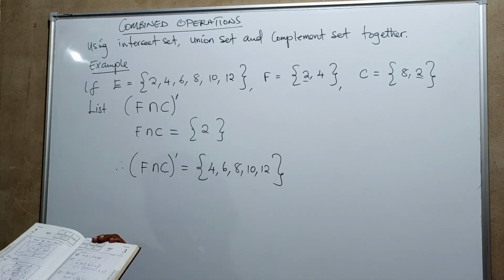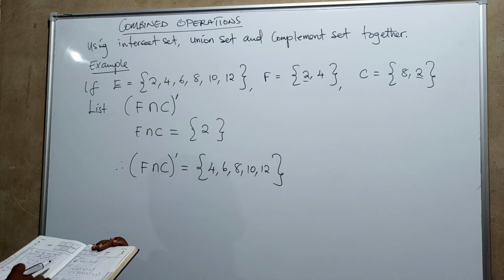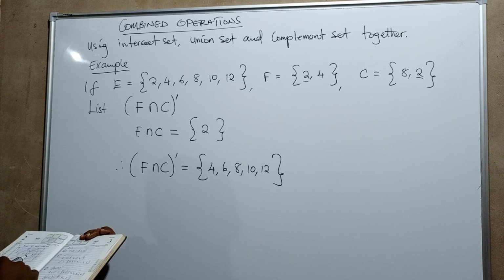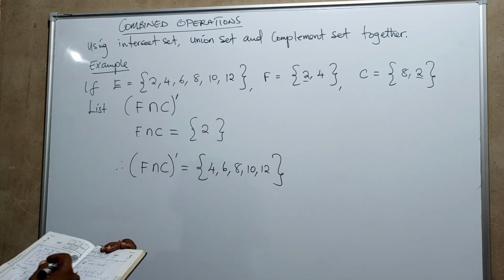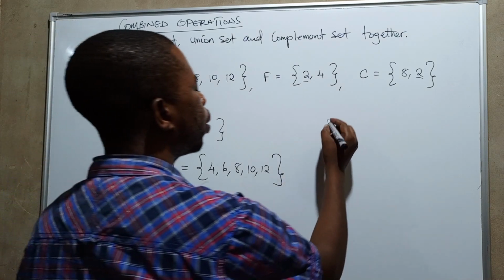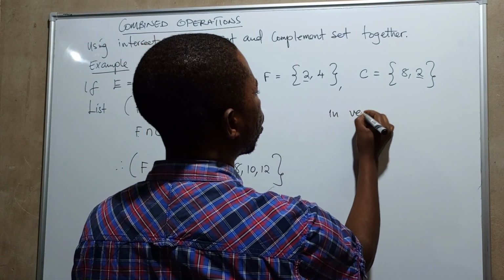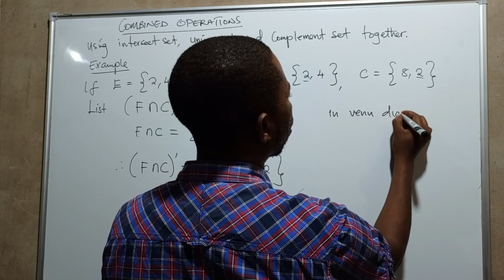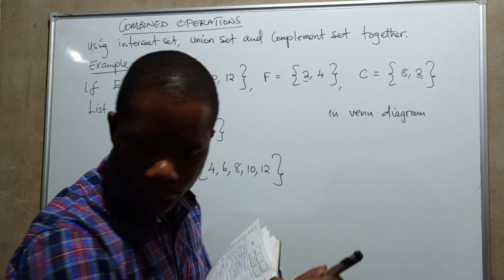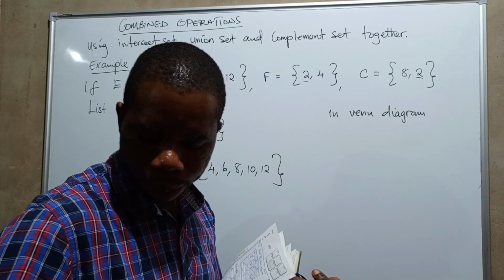And another one, if it were to be represented in terms of a Venn diagram, it would be like this. In a Venn diagram format, let me see this marker.